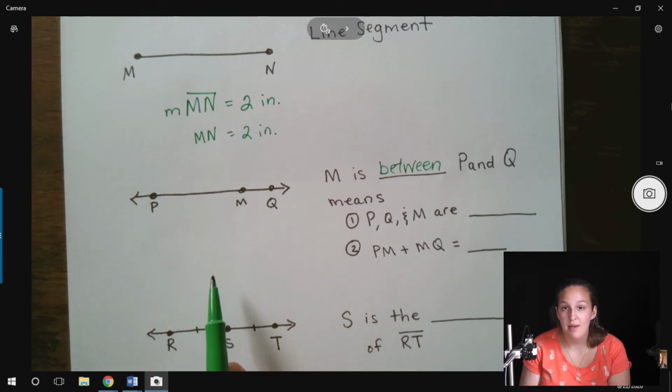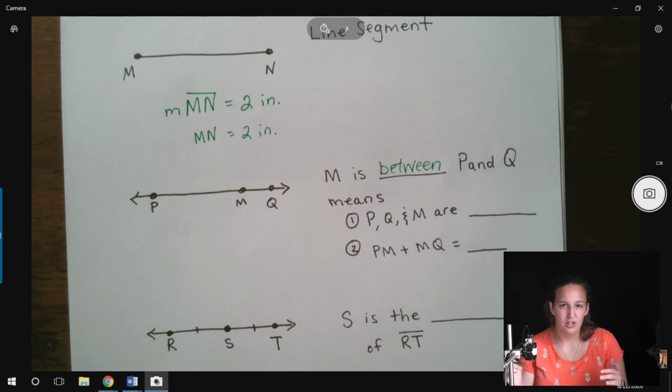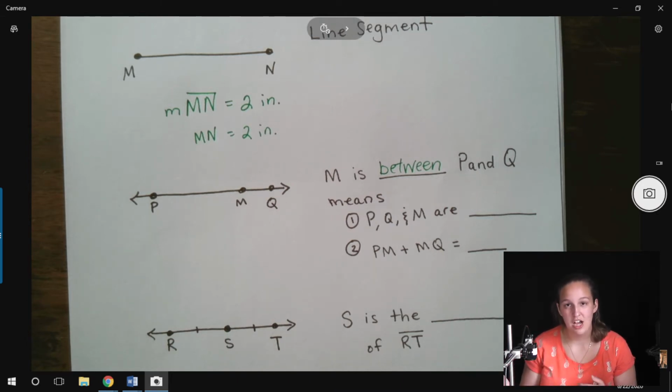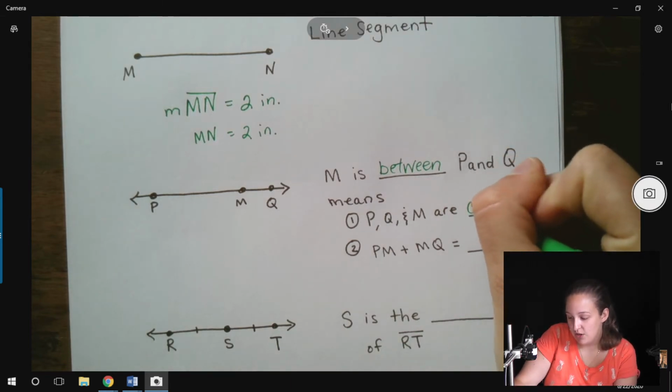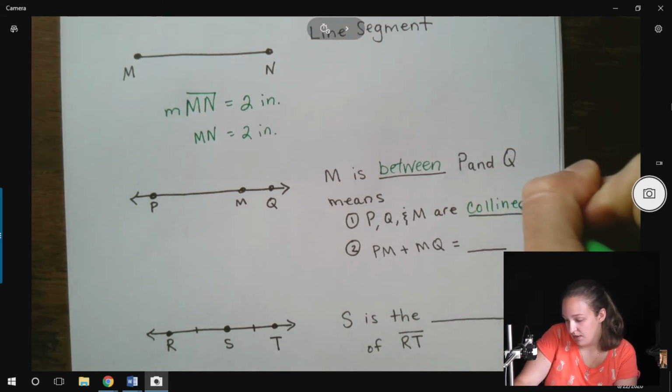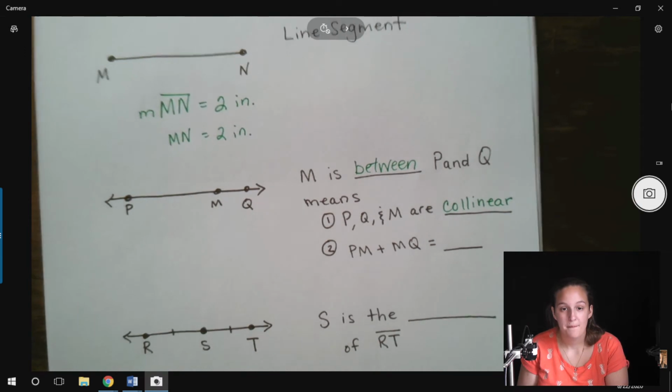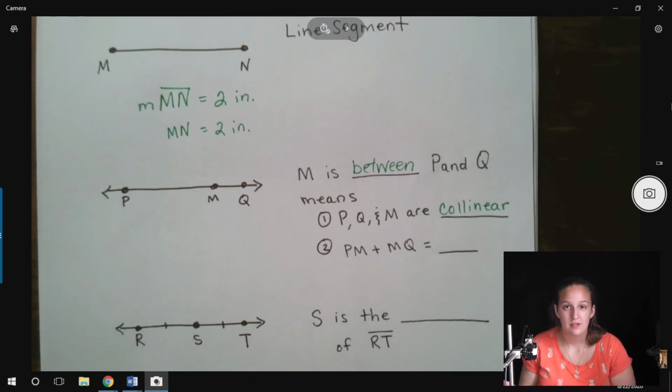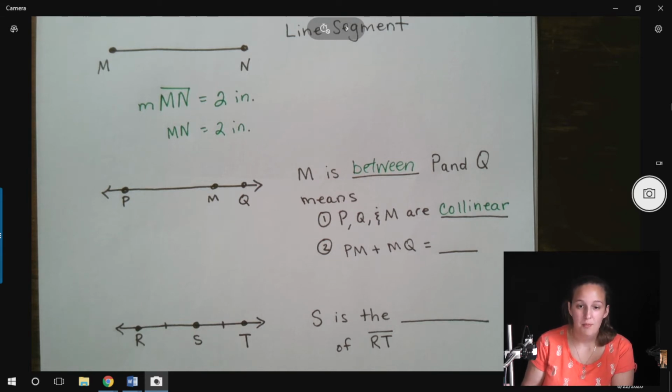So you can't have M over here, because then you can't say that it's in the middle or to one side. Between is specific in geometry to meaning that these points are collinear. It's called the betweenness of points if you're curious. But the word between means that these points are collinear.